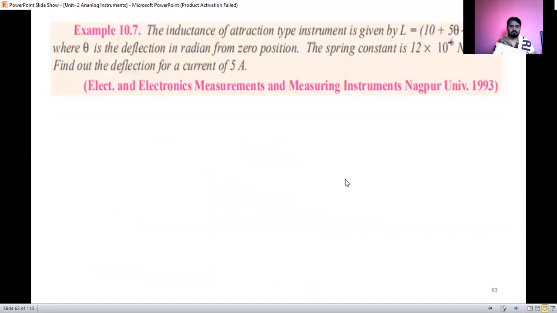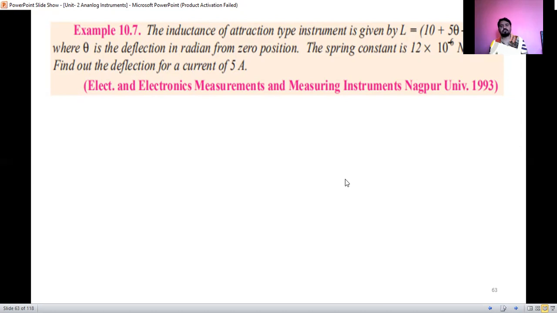Take this problem and solve yourself here now. The inductance of an attraction type instrument is given by L equal to 10 plus 5 theta minus theta squared microhenry, where theta is the deflection in radian from zero position.